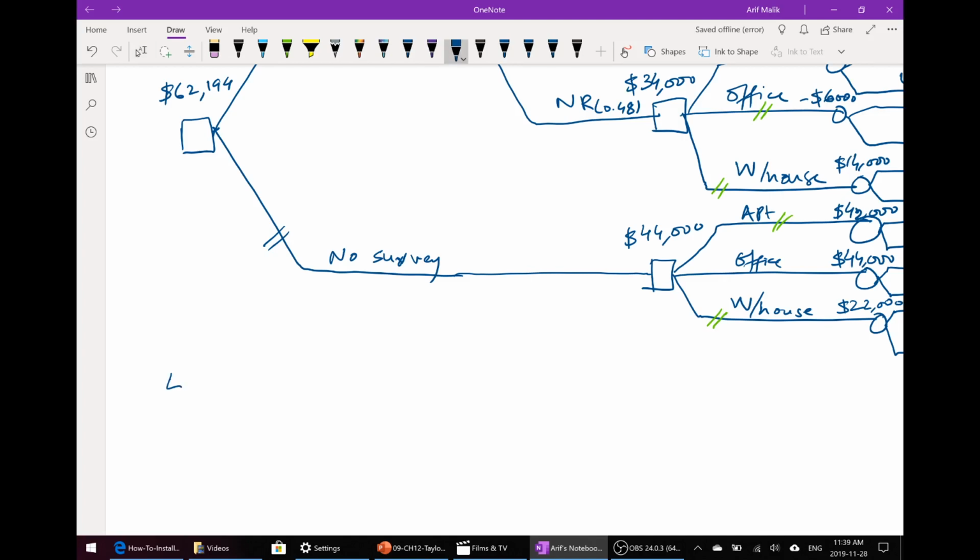So expected value of survey information is equal to expected value with survey information minus maximum expected value coming from no survey, or without report. Okay, so we have expected value with survey information.